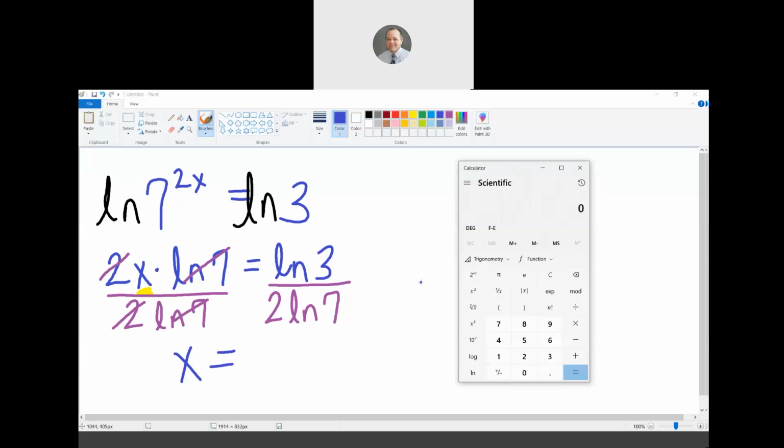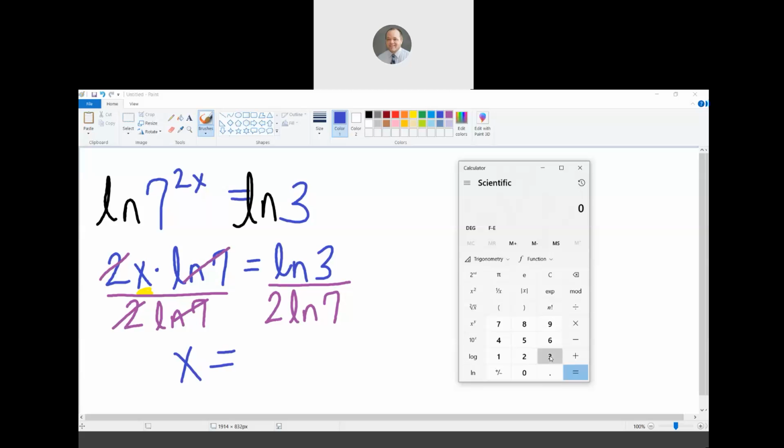Now, the way I have to enter the natural log may differ from the way you enter it in your calculator, or you can use the calculator that's with your cell phone. A scientific calculator should have a ln or natural log key somewhere.